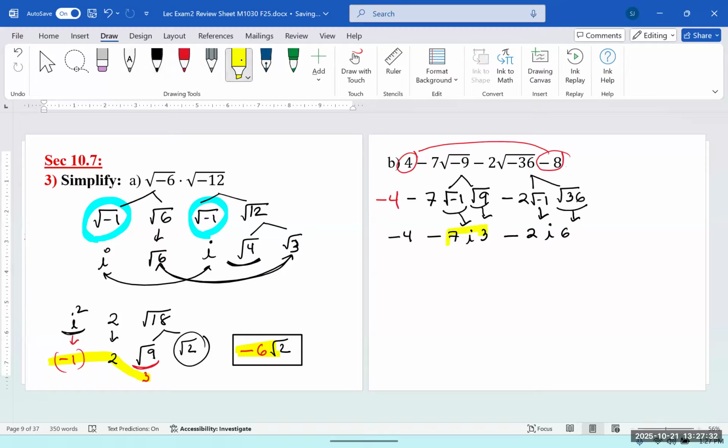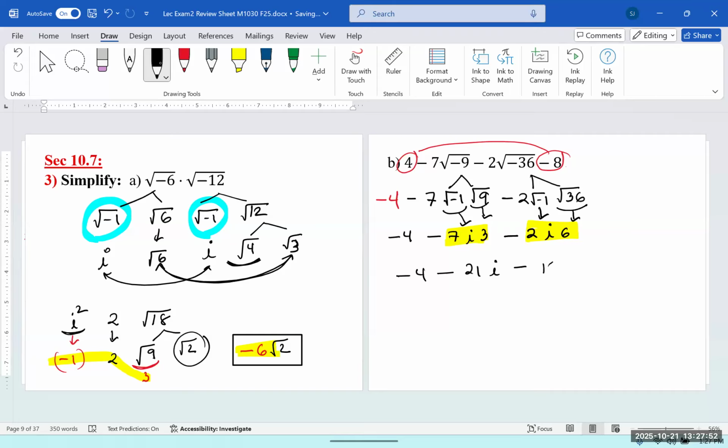Sorry, adding these 3 or multiplying? How about these 3? Multiply. So -4 minus 21i minus, what do you get? 12i.